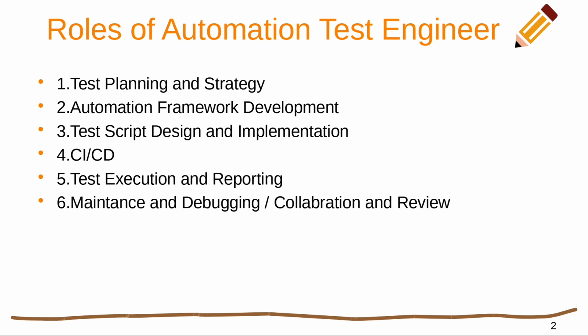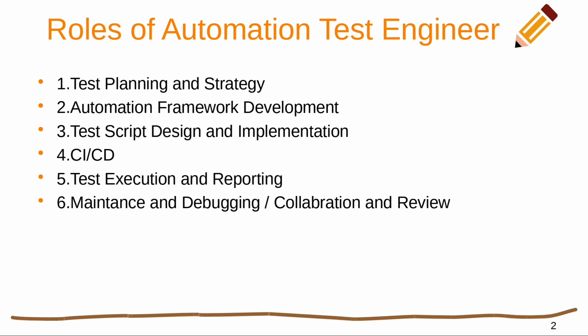Then collaboration and review. You need to work closely with developers, QA leads, and DevOps engineers to get automation execution. Participate in code reviews and follow version control practices, Git also. Then support manual testers by identifying repetitive cases for automation.